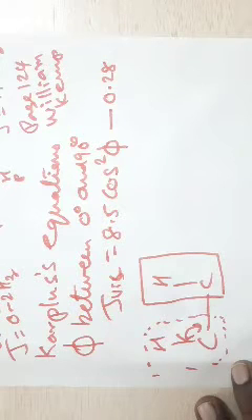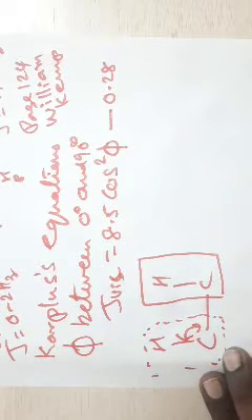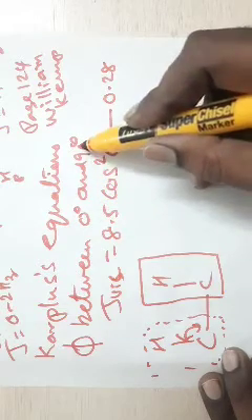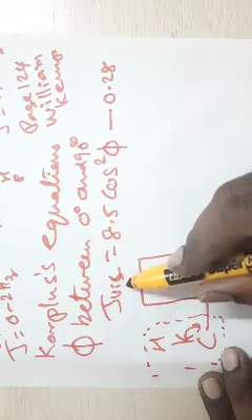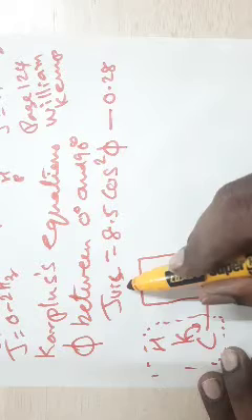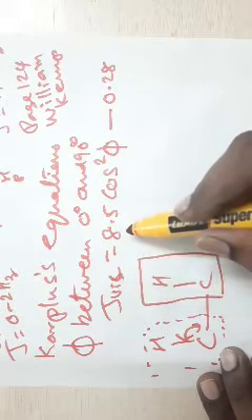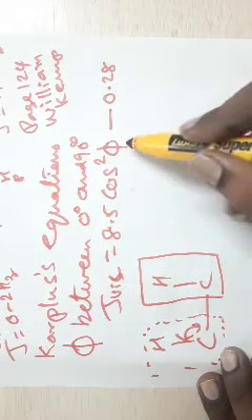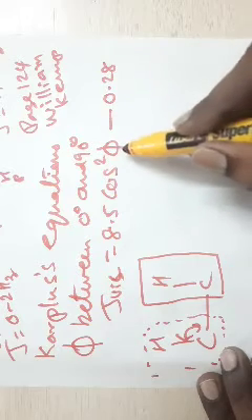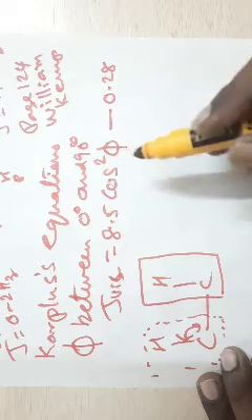So the coupling constant value between vicinal protons is given by the dihedral angle. If the angle is between 0 and 90 degree, J vicinal is given by 8.5 cos square phi minus 0.28, where phi is the angle between them.